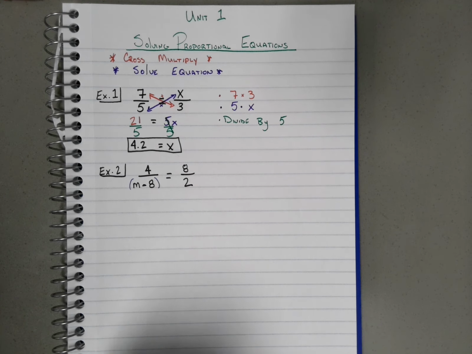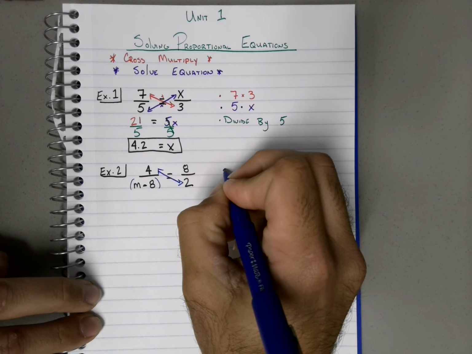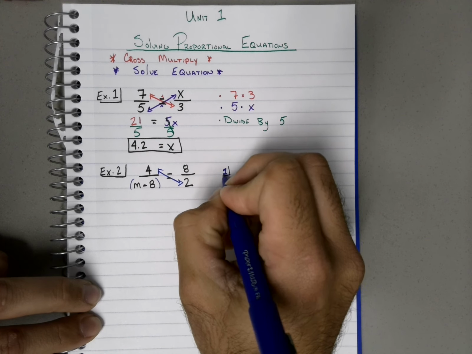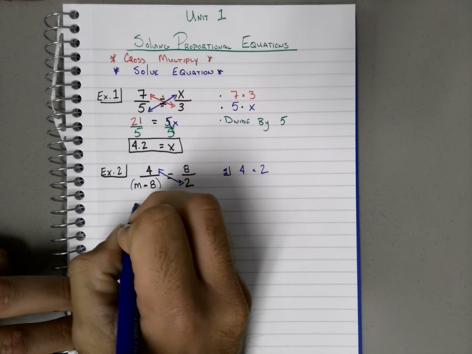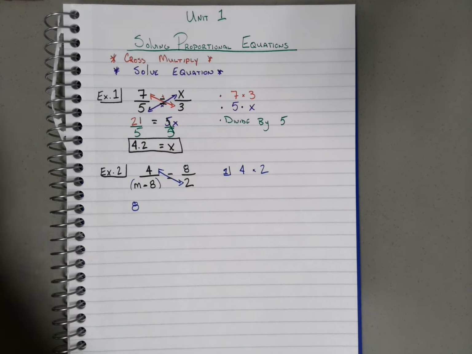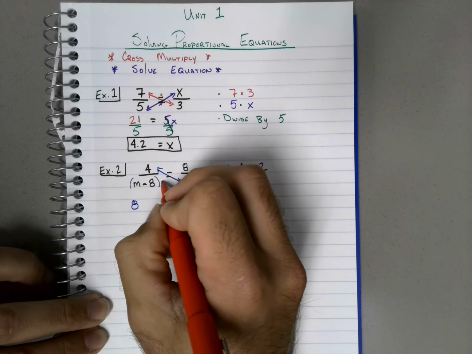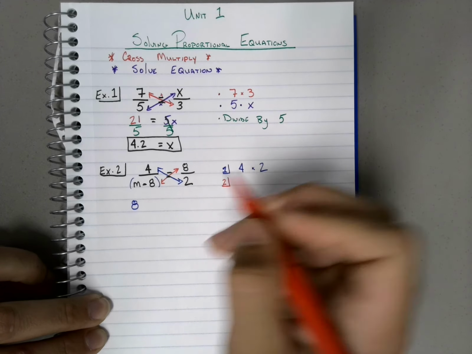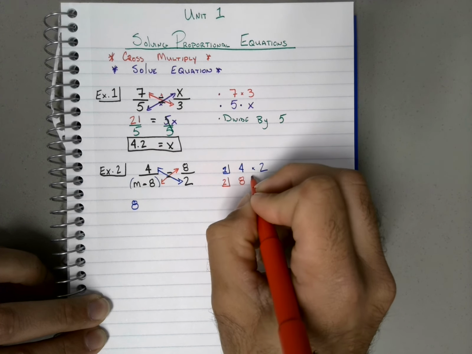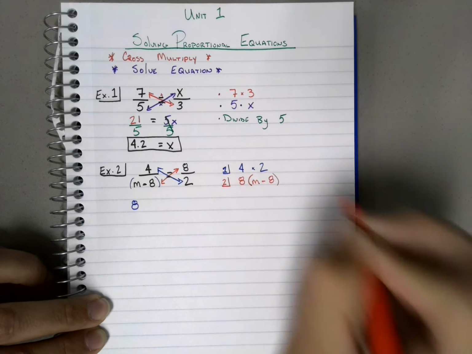So when I cross multiply, here we'll do step 1. We did 4 times 2, which is 8. The second thing we did was multiply these together. The reason I put those parentheses there is this is 8 times (m minus 8).